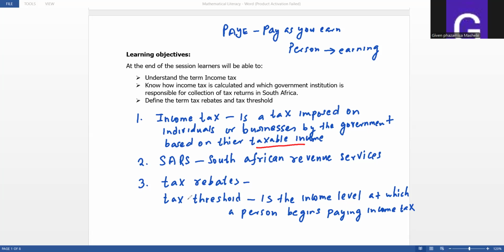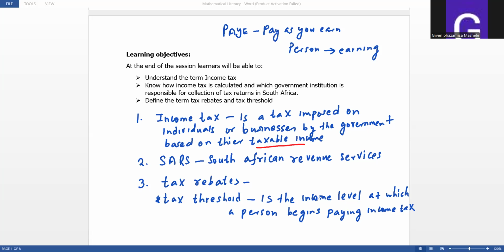So this is called a tax threshold. It is an income level at which a person begins paying income tax, which is set by the government institution, the South African Revenue Services, which is SARS.